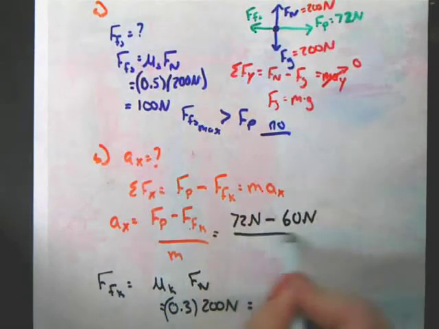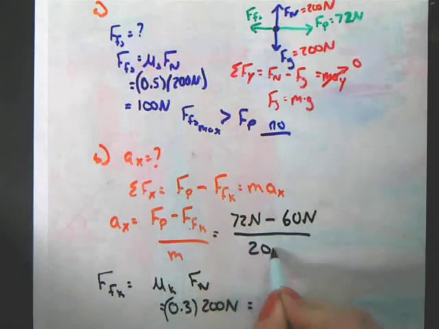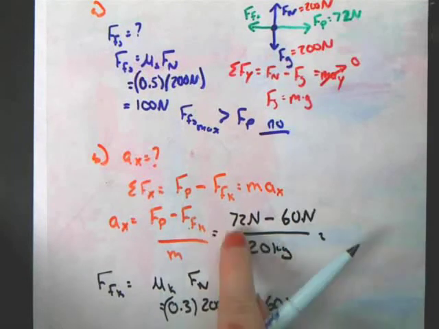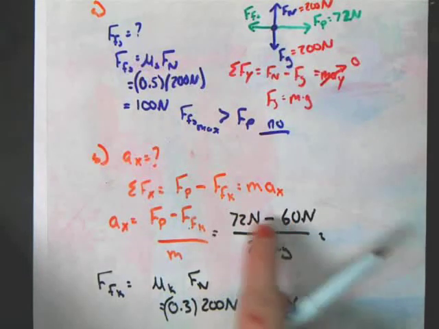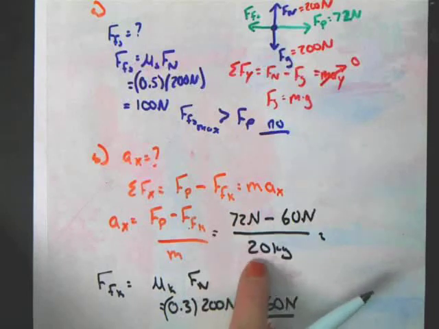Yeah. So the push force, 72 newtons, minus the force of kinetic friction, that's what we just solved for, 60 newtons, divided by the mass that was given to us, 20 kilograms.